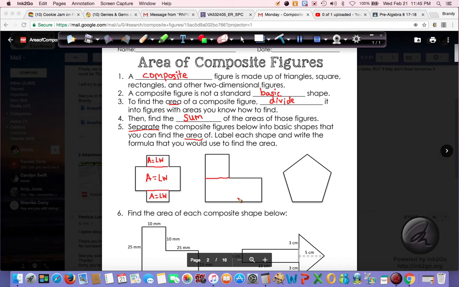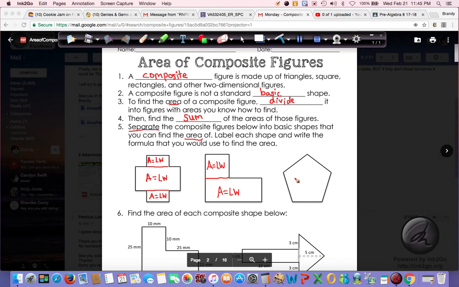I'm going to have a larger rectangle here, and this could be a square, but since we don't have dimensions, we're going to use the basic formula of length times width because we don't know if it's actually a square or not. So length times width. And again, down here for the bigger one, area equals length times width. And if you wanted to solve for the whole L, you would just add those 2 together.